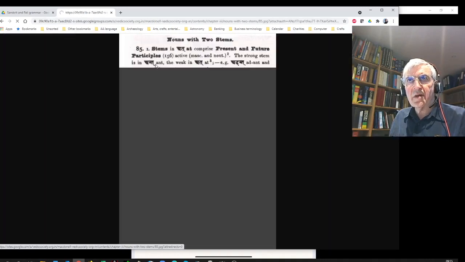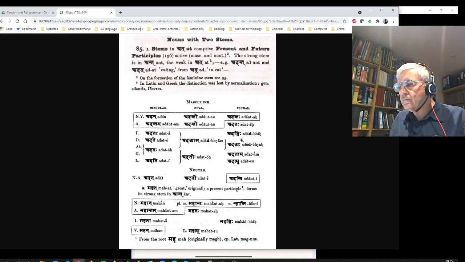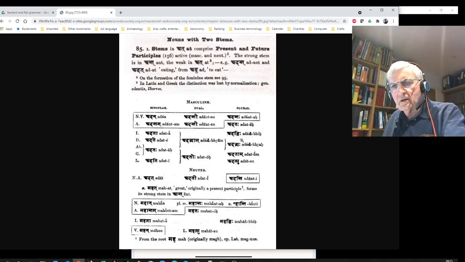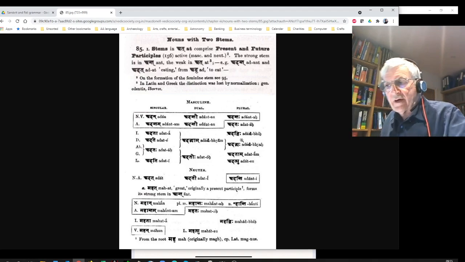You'll see here his stems ending in at. That actually is the accusative antam.